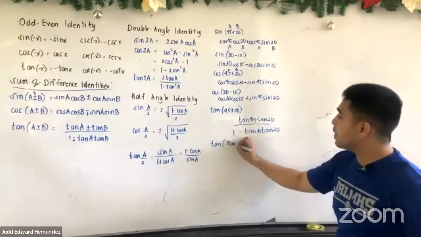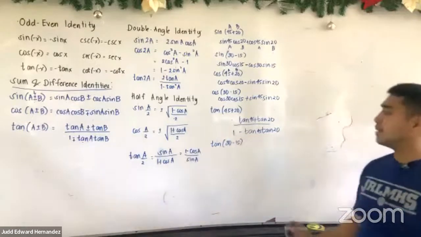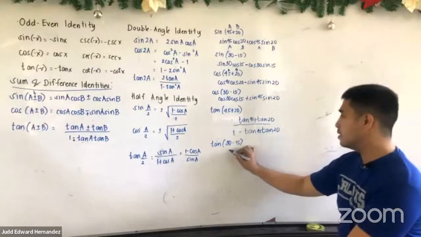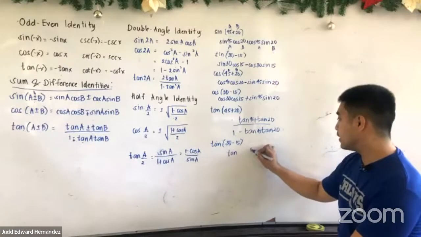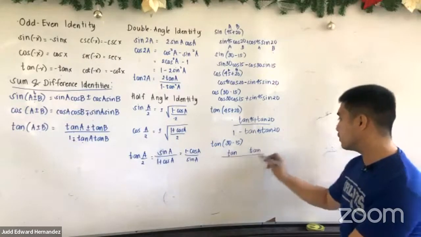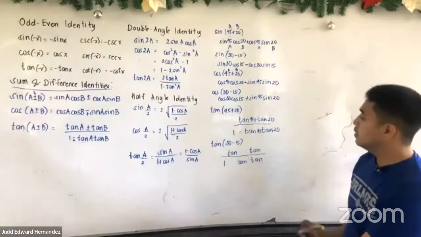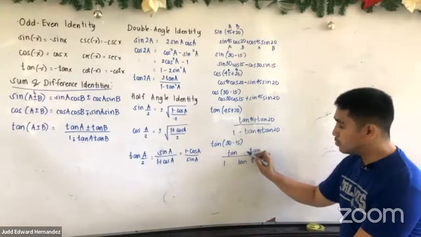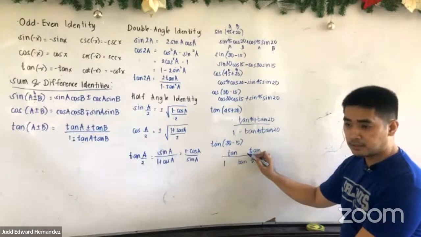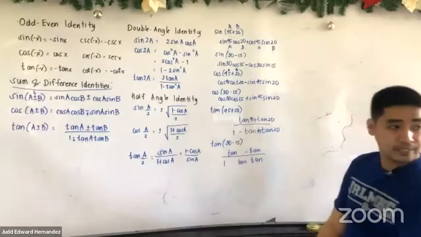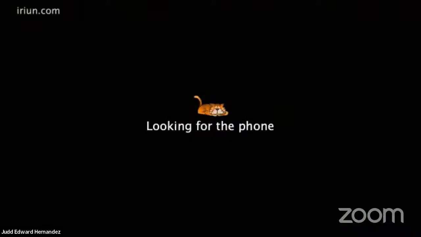Tangent, next tayo. Tangent 30 minus 15. Look at this. It becomes tan over 1, tan. Since this is negative, what happens to the numerator? Minus. What happens to the denominator? Plus po. Nalobat ako. I'm sorry.